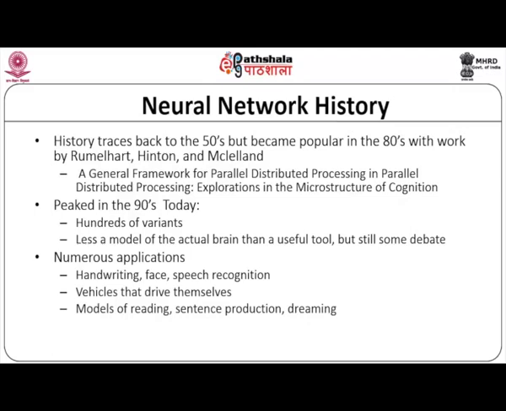Suppose you want to come up with automatic handwriting recognition and understand what exactly is written over, say, an ePad, then a neural network may be applied there for recognizing the handwriting. Face as well as speech recognition are other domains where neural networks play a vital role.